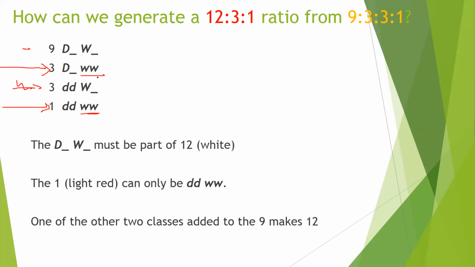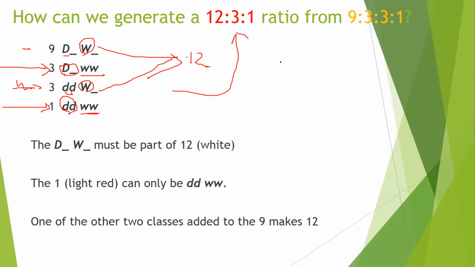So this will show the difference between the D genes, right? But in these two cases, we have the wild type W, so this will totally hide the effect of the D genes. So these two groups will be clustered together. This is 12. So this will give us the ratio of 12 to 3 to 1.